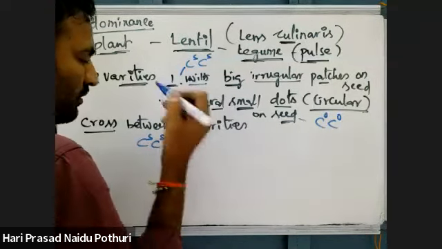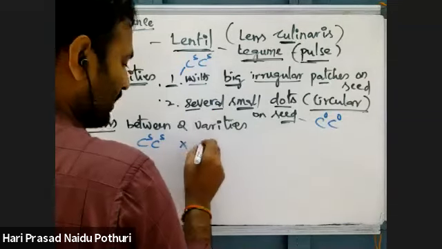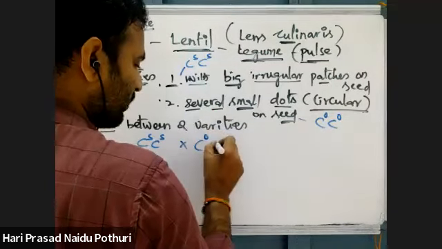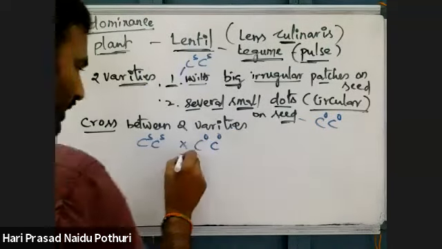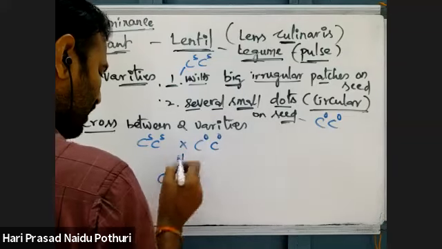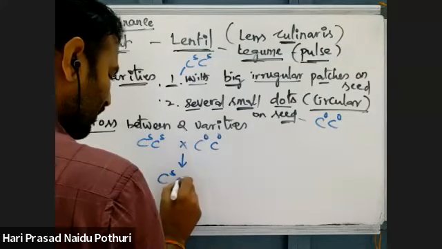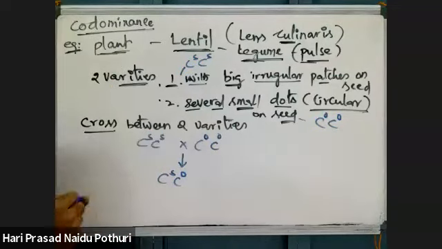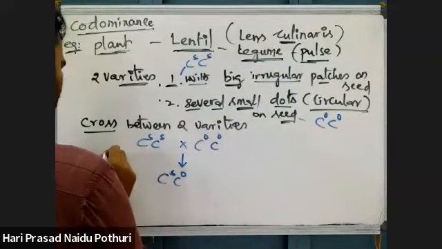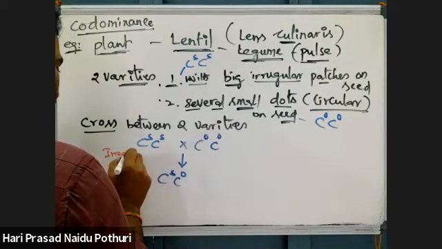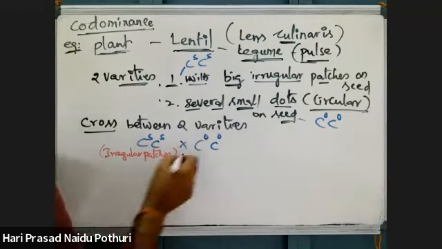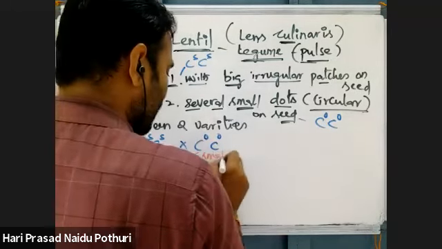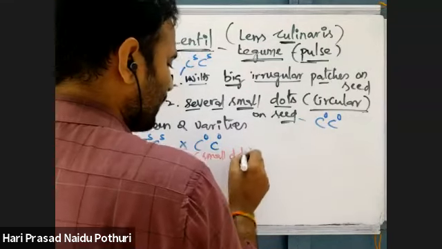Suppose this we consider as recessive, C0. When the cross was made, what will happen? All F1 will have CS C0. See here, CS means irregular patches are present on the seed. Here these have small dots in several numbers.